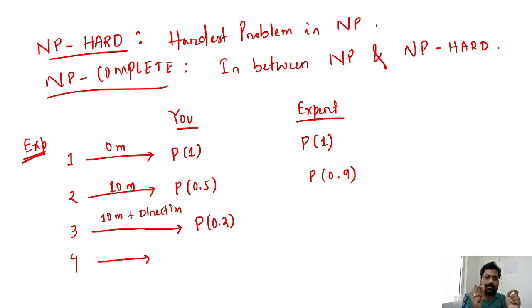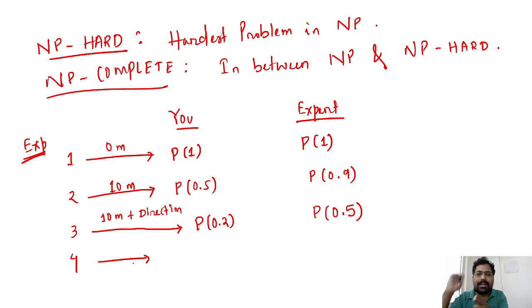It has a certain direction and 10 meters is the range, so the probability is reduced because you cannot do the headshot. For the expert, the probability is reduced somehow, 0.7 or 0.5, say 0.5. So we have a reduction of the probability of getting the proper headshot.